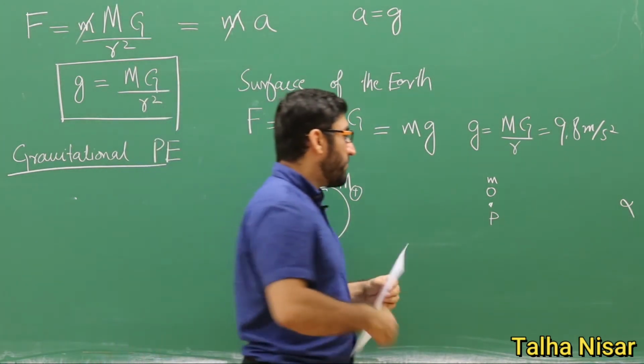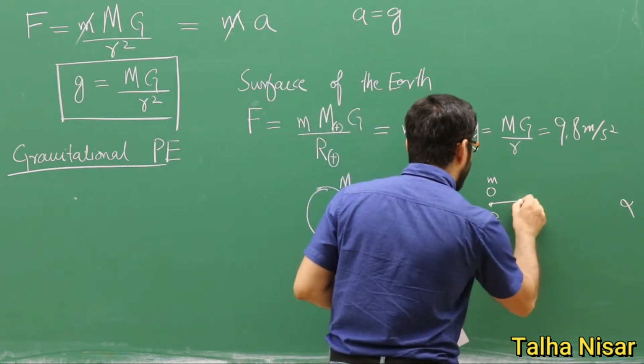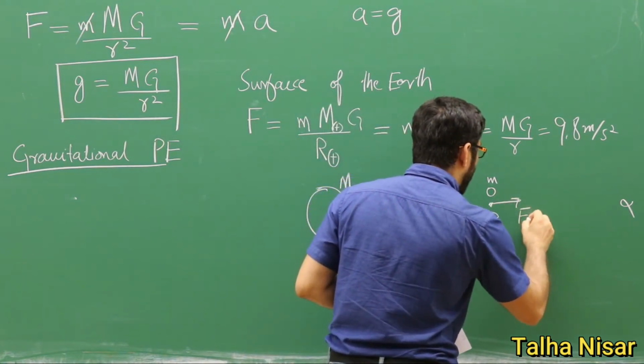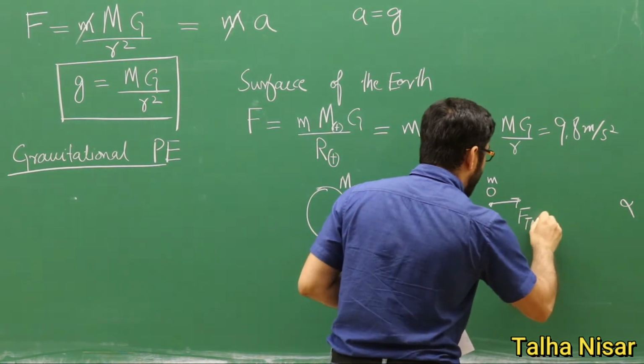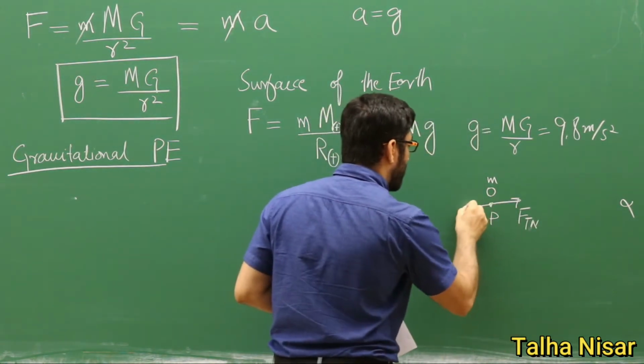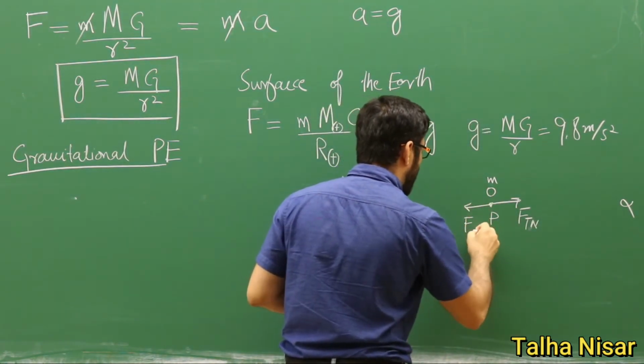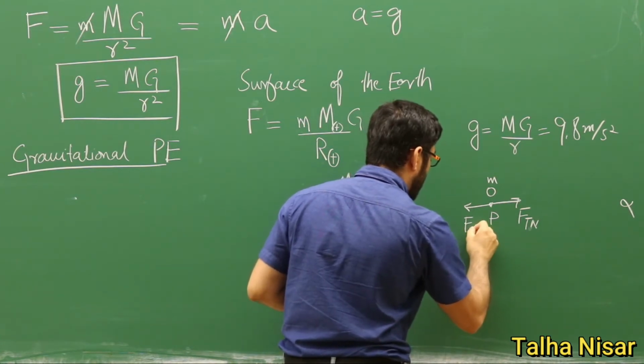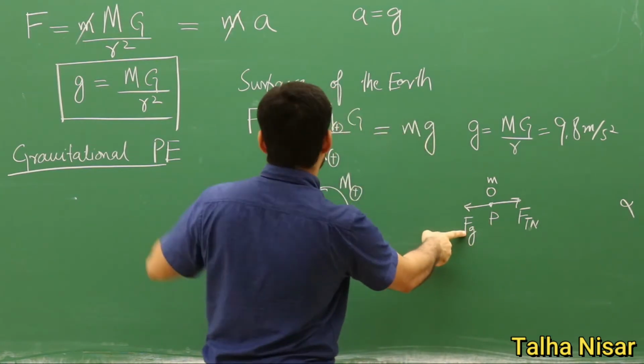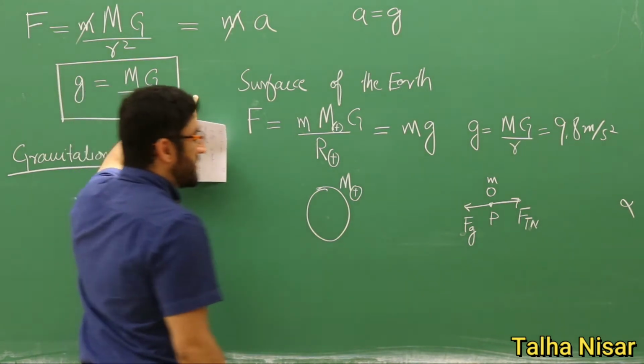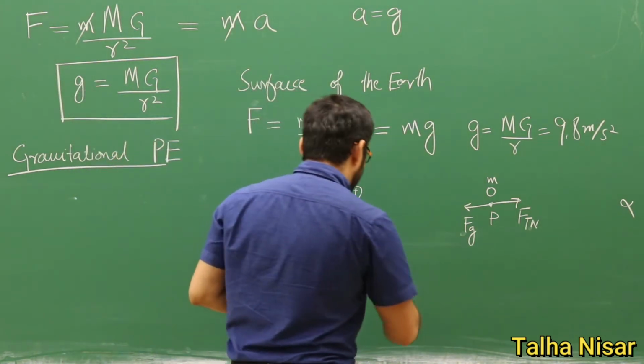where this small mass is feeling the gravitational force in the presence of this earth. And that force, the work done, we said that this is the force done by me, Talha Nisar, and then we have the gravitational force. So now we know what this gravitational force is.